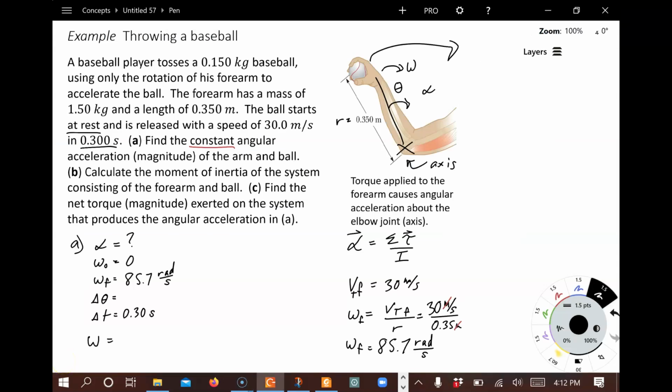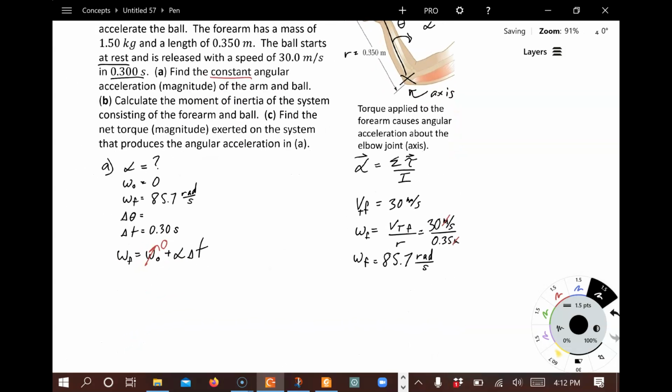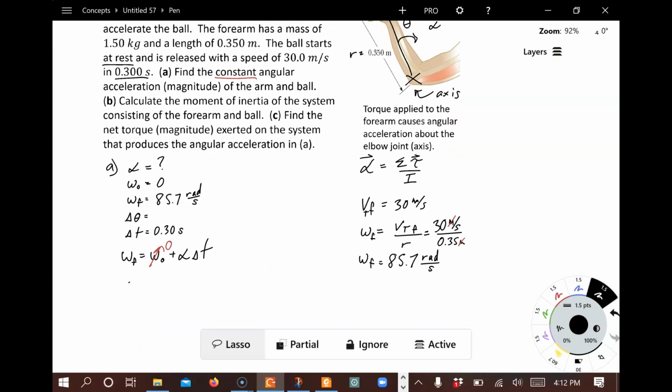Omega final equals omega initial plus alpha times delta t. And we know that the initial angular velocity is 0. And we can go ahead and solve this for alpha. When we do that, we end up with alpha equal to omega final divided by delta t.